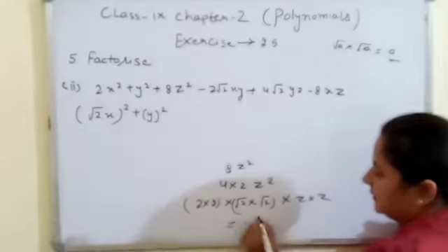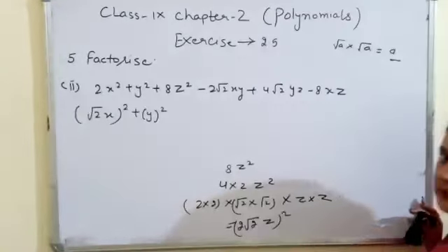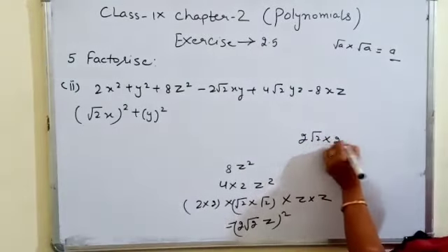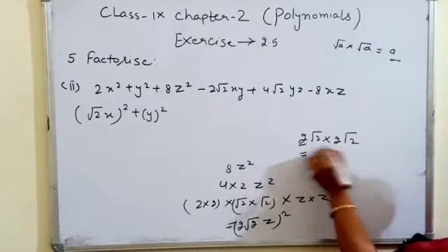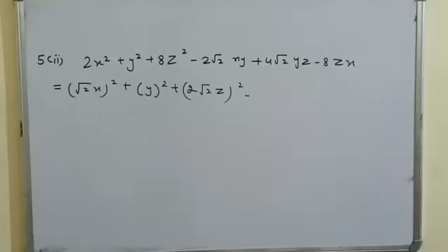So we can write 2 under root 2 z. When we multiply 2 under root 2 by itself, it becomes 8: 2 into 2 is 4, and under root 2 into under root 2 is 2.